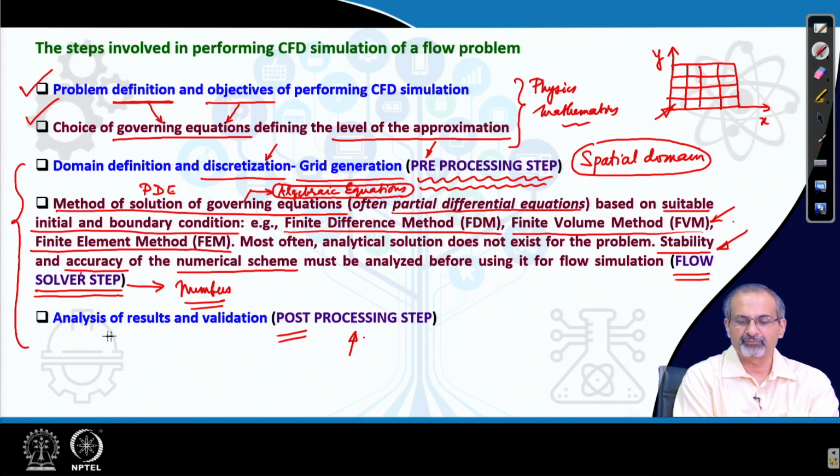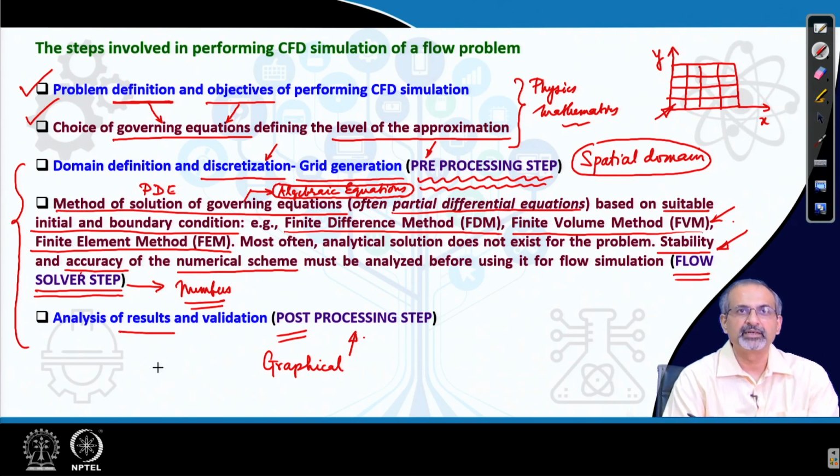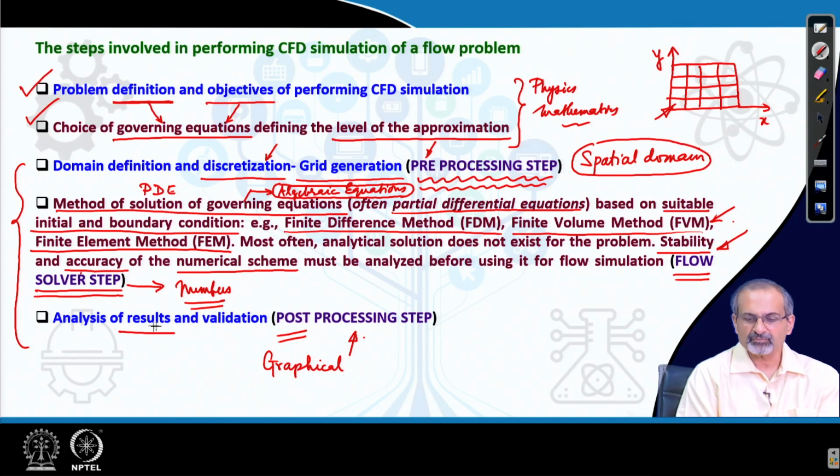At that time, you would have to represent those numbers by suitably deploying some graphical tools. All right. So, once you plot them, you have a graphical representation of those numbers. So, you are looking at the results now, you are visualizing them.